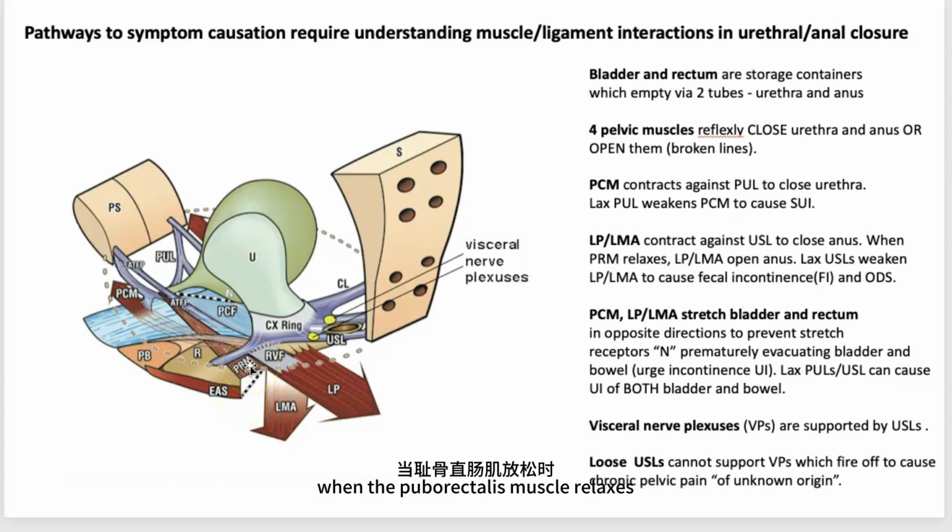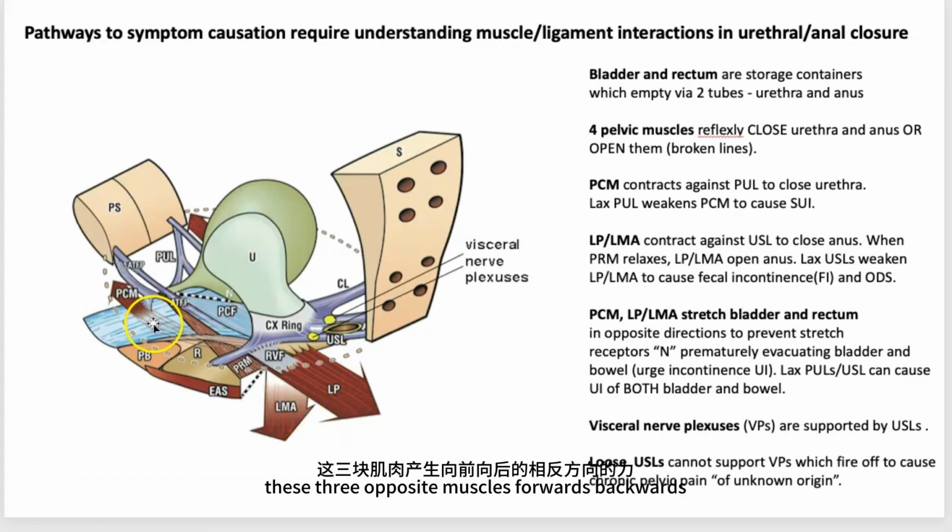When the puborectalis muscle relaxes, these muscles pull open the back wall of the rectum prior to defecation. So because they contract against the uterosacral ligament for both opening and closure, if the uterosacral ligaments are loose, you can get fecal incontinence and also obstructive defecation.